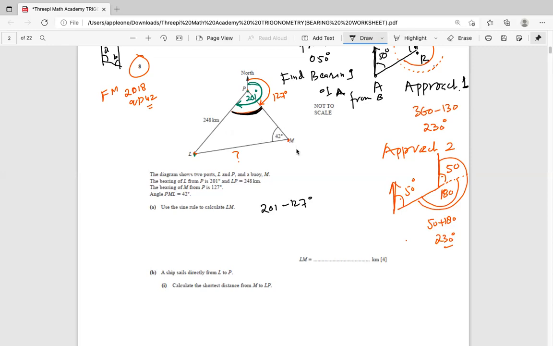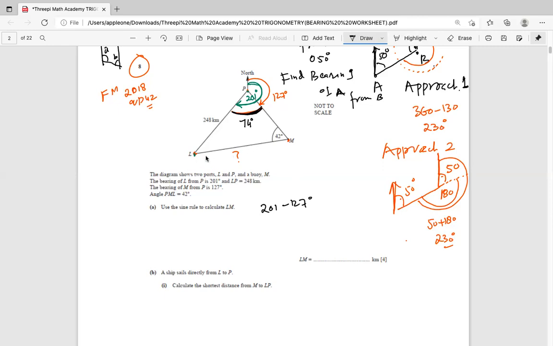Angle LPM is 201 minus 127. Let me get my calculator. So 201 minus 127. This is 74, not bearing, sorry, this is angle, 74 degrees.